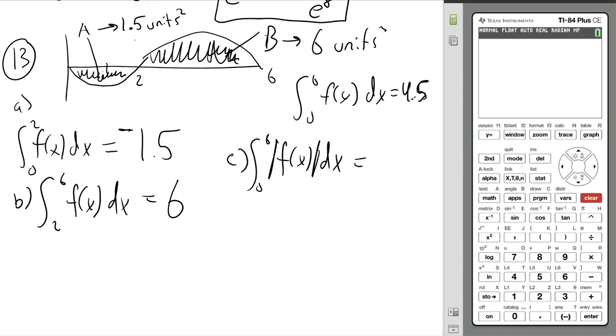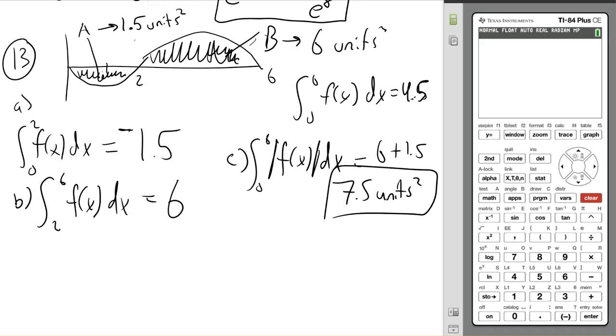You take the area of B and add it to the area of A, so it wouldn't be negative, it would be positive. Right. Just think of this as positive area, which it already is, and think of this as positive area because it says absolute value. So 6 plus 1.5 would be 7.5. Just whether it's above or below, treat it as positive. Absolute value, always positive.